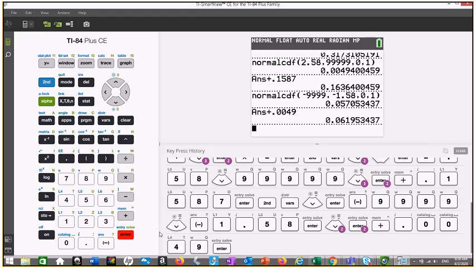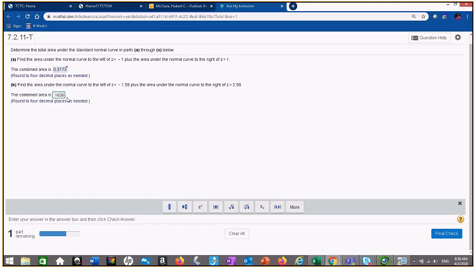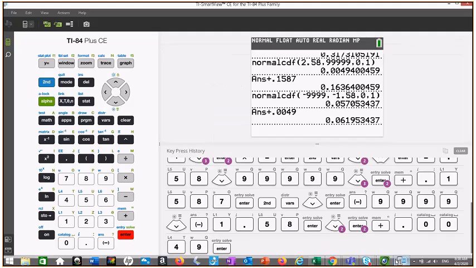So let me go back and 0.0620. There we go.